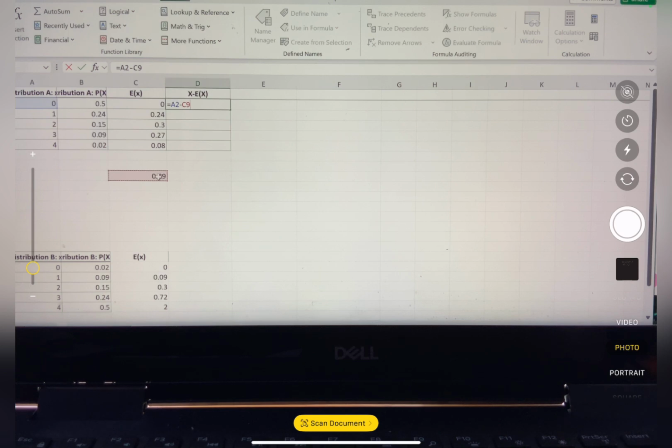And 0.89, I'm going to freeze it, because from every single X I'm going to subtract the same 0.89.